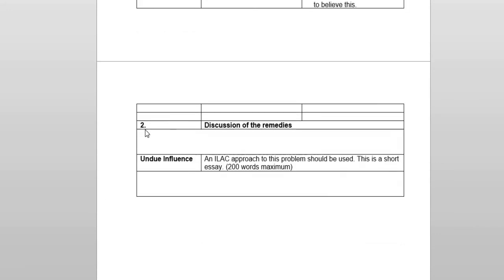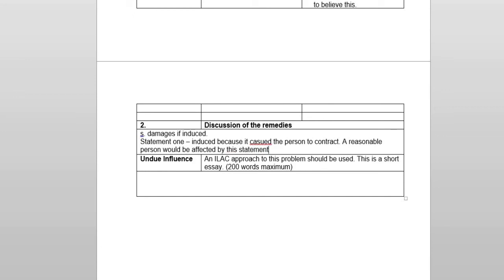Now here we're going to talk about the remedies. So section 6, damages if induced. So statement 1, induced because it caused the person to contract, a reasonable person would be affected by this statement.